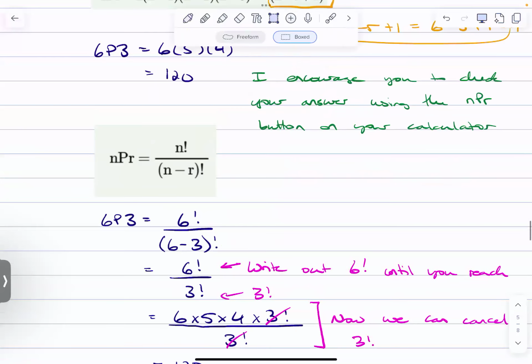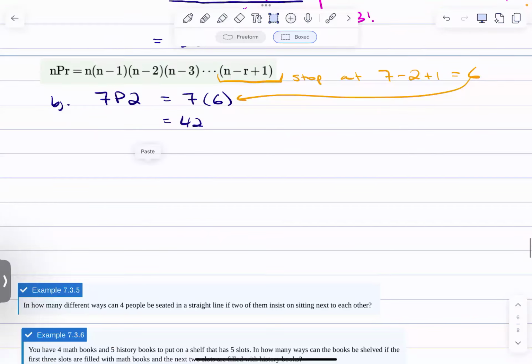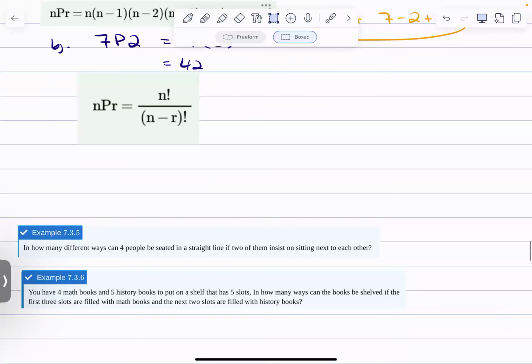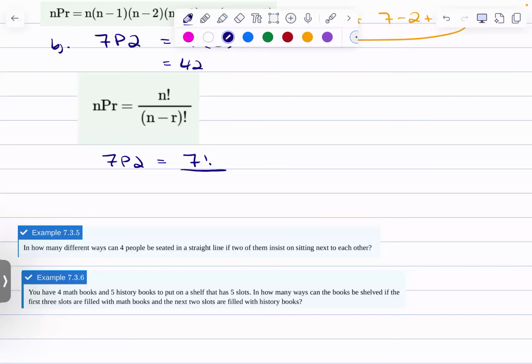What about this is the formula that I'm more interested in, right? Because this is the one on your formula sheet. 7P2 is 7 factorial divided by 7 minus 2 factorial.